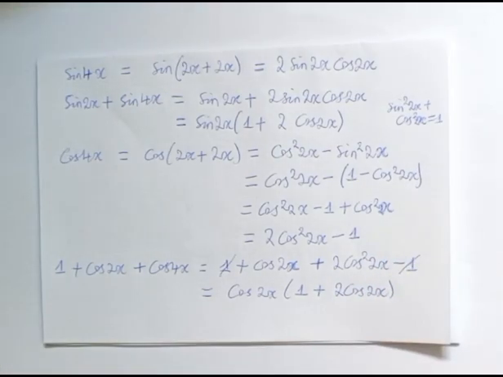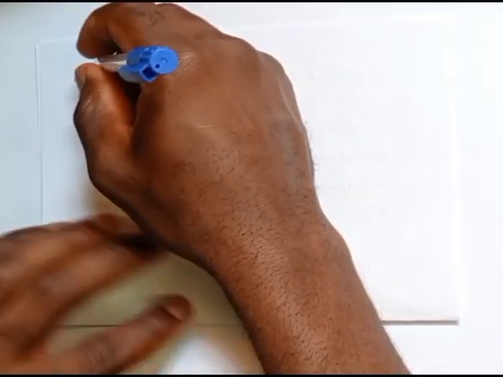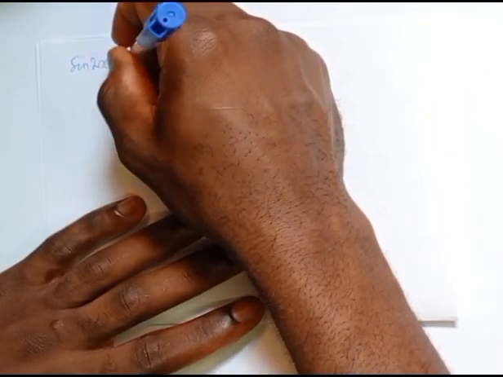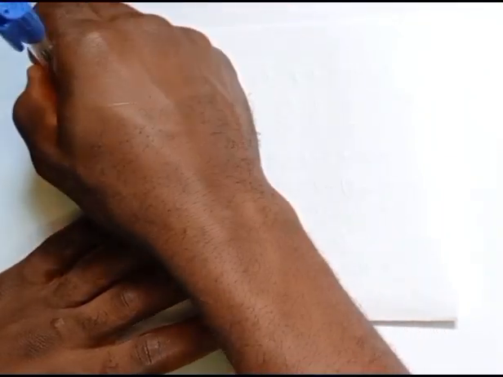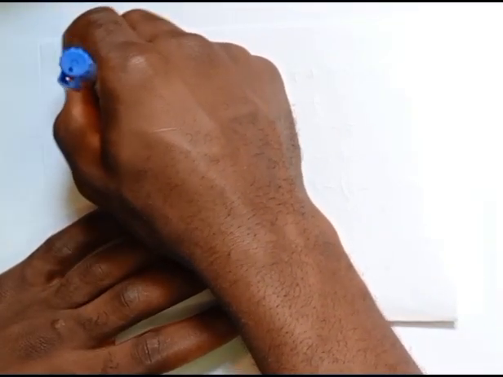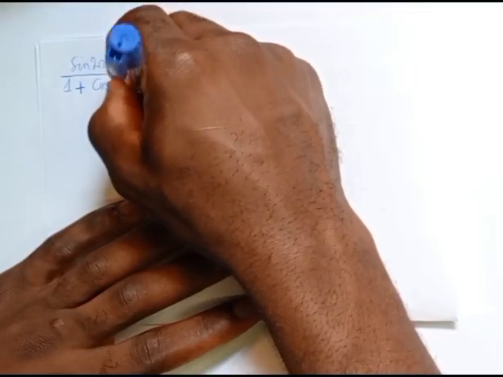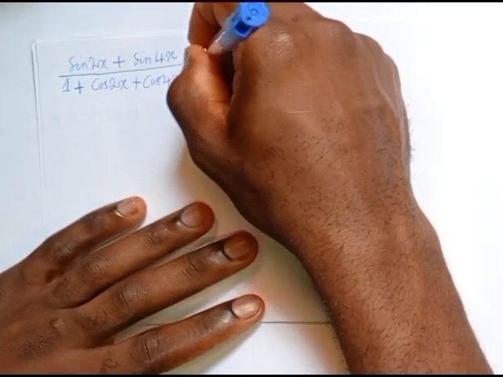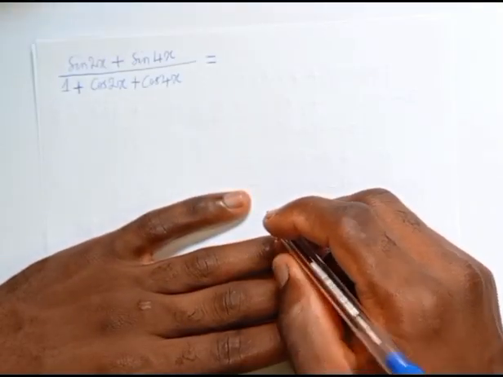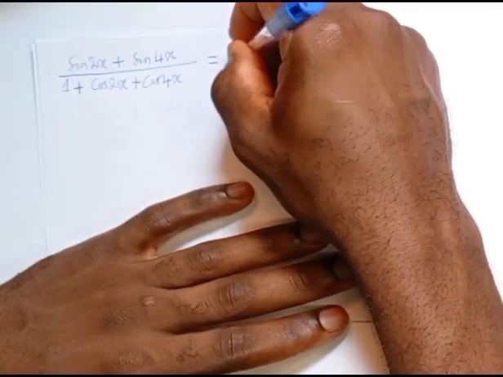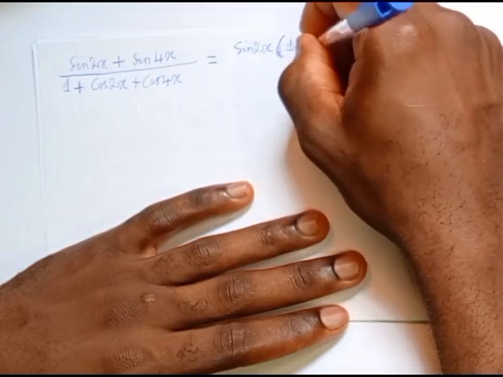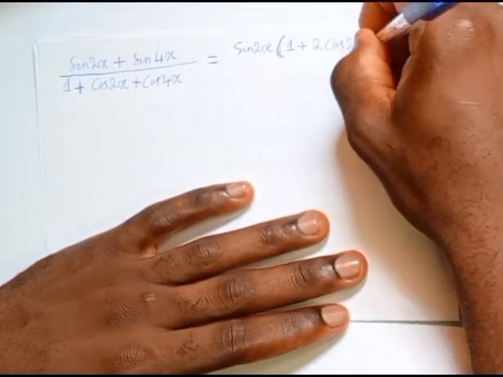Now let's take the left hand side. We have sine 2x plus sine 4x all over 1 plus cos 2x plus cos 4x, and this will simply be equal to, at the numerator, sine 2x plus sine 4x is simply sine 2x times 1 plus 2 cos 2x.